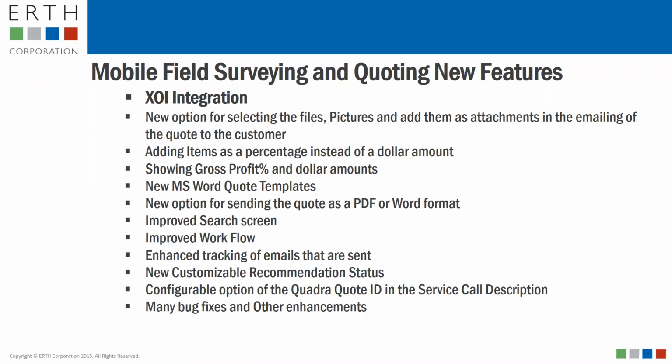The other enhancement is the ability to add items as a percentage versus a fixed dollar amount. So it'll actually calculate, if you wanted to just add, say, project management as a percentage of the overall labor, how much that should be based off the other labor hours that you've already put to that quote.